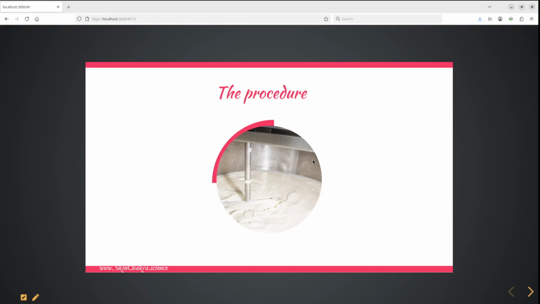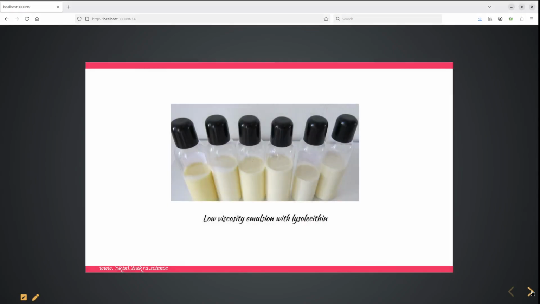Let's say you are using a Kai Blendia versus a bar mix versus a simple stick blender, an overhead mixer, an IKA homogenizer or Silverson homogenizer. You will observe the difference in the emulsion viscosity if you swap your mixer, and you perhaps have already observed this difference. But in the mainstream and in the big industry, they don't change the procedure to change the viscosity.